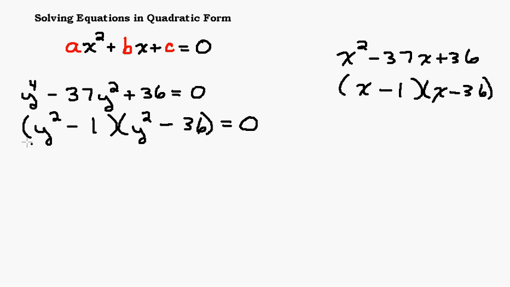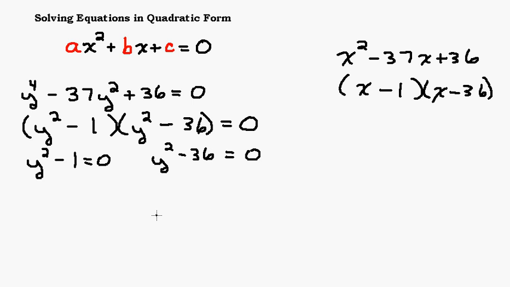And if you FOIL this out, you'll see that you do get negative 37y squared in the middle, because you're going to end up multiplying y squared times negative 36 and negative 1 times y squared, and add those together, and that'll give you your negative 37y squared in the middle. So now you can use the zero product property, the property that you use when two things multiply together to equal 0. Either this first factor has to be 0, or this second factor would have to be 0.